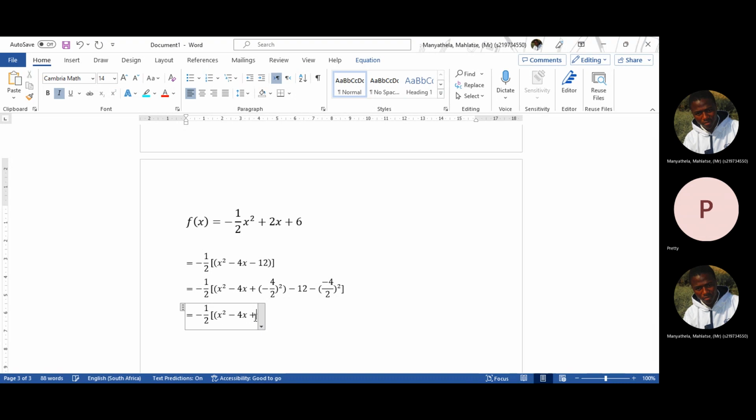Okay sharp, we already know that on the calculator it gives the same thing: 4. So we have x squared minus 4x plus 4, then in brackets we have minus 12 minus 4. Okay sharp, we close the square bracket. So let's go to the next step.